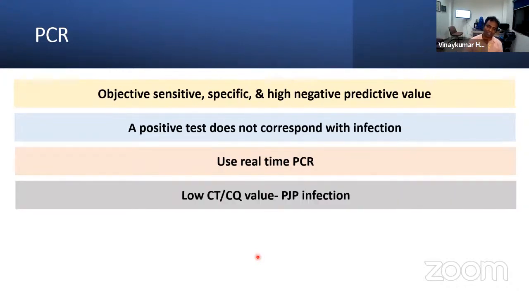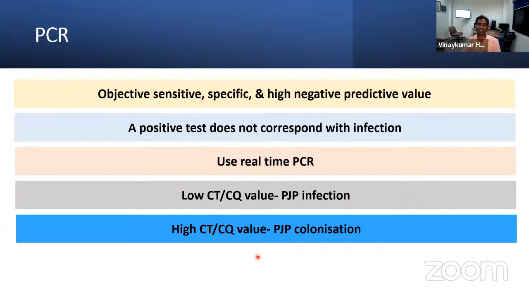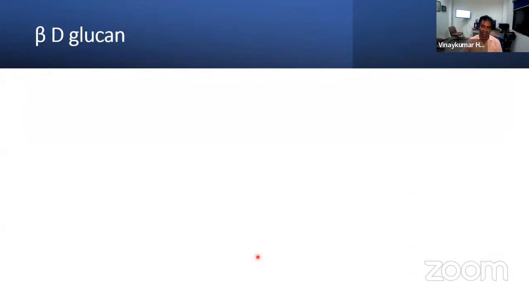A low CT or Cq value favors Pneumocystis infection compared to colonization, which is usually found at high CT values. Having said that, is there a cutoff? There is no cutoff across the world. So how do we interpret it? We interpret it in conjunction with other tests, that is beta-D-glucan.